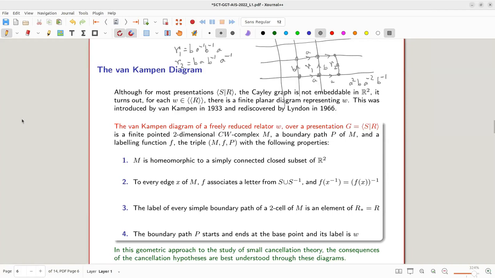But if we have an element omega from the normal subgroup generated by these relators, there is a finite planar diagram giving omega. A finite planar diagram is like a 2-complex.